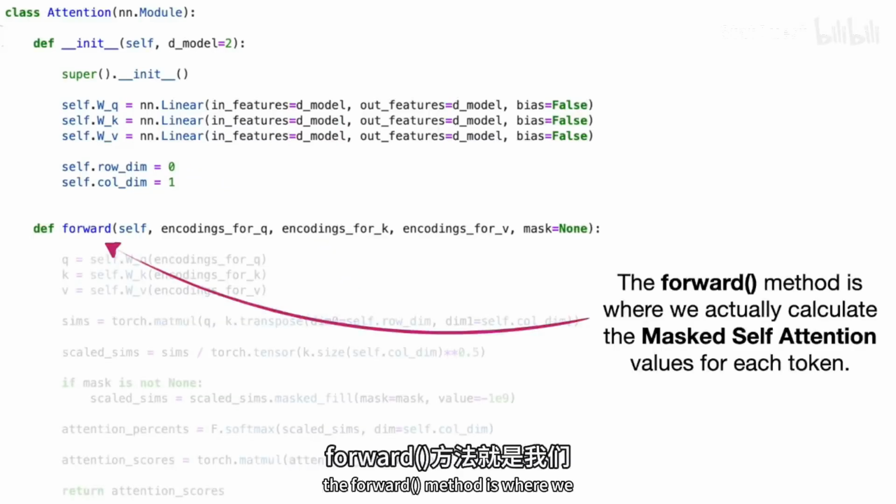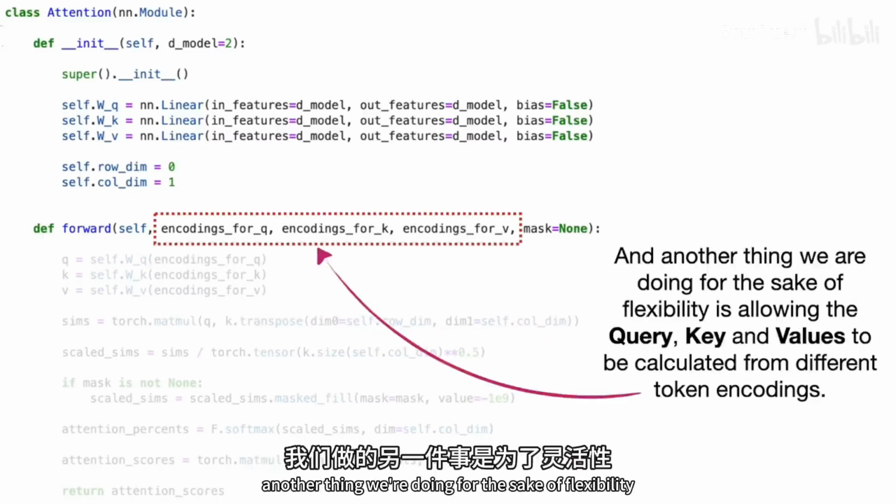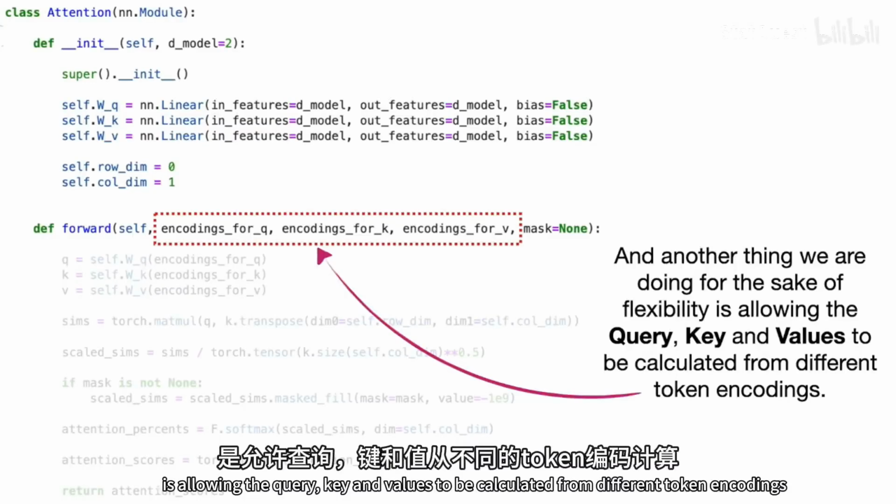The forward method is where we actually calculate the masked self-attention values for each token. And another thing we're doing for the sake of flexibility is allowing the query, key, and values to be calculated from different token encodings.